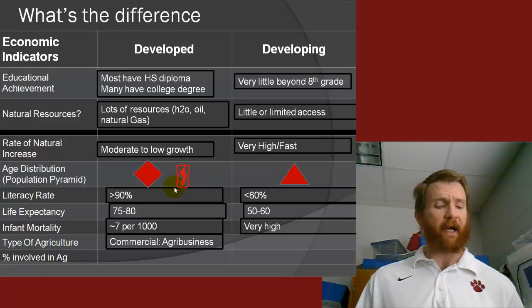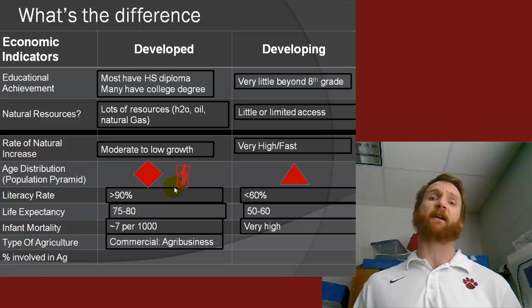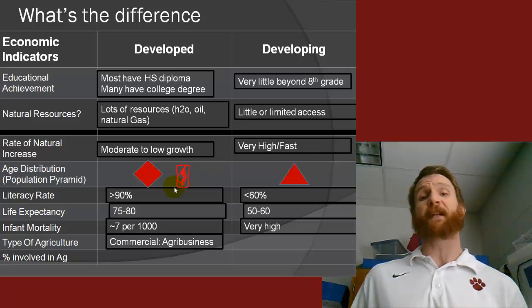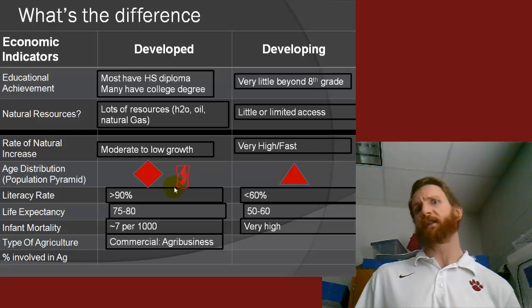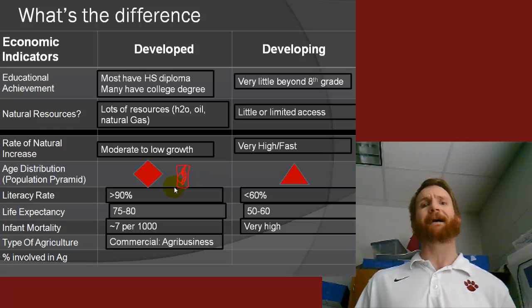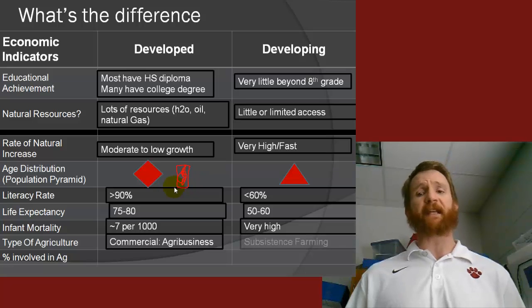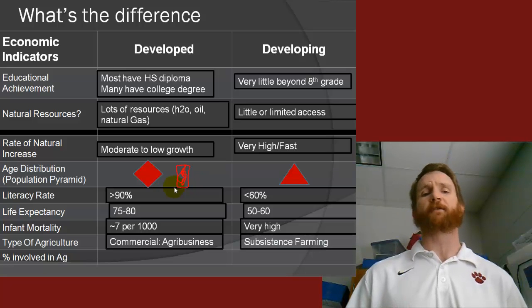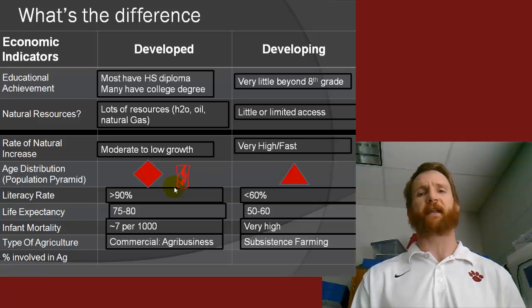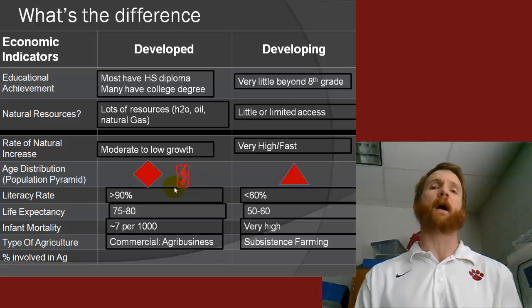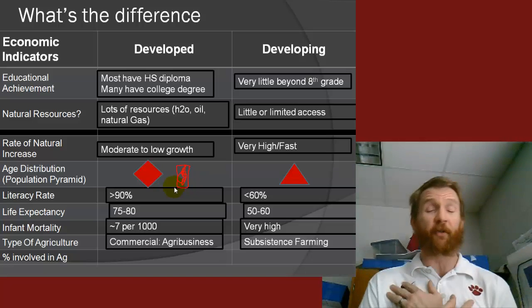Agriculture done in developed countries is agribusiness. Remember, I mentioned earlier in one of the lessons that agribusiness means big agricultural industry, big companies that take over and run farms. They're taking them away from small family farmers, and that's another example of that. In a developing nation, most people are subsistence farmers. Subsistence, again, is growing crops to feed your family. We don't do that here in America.